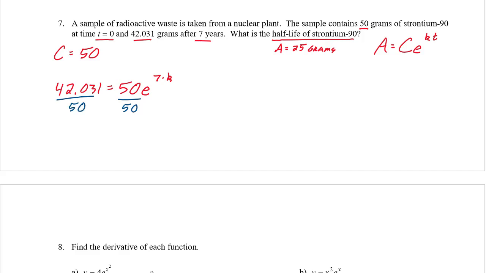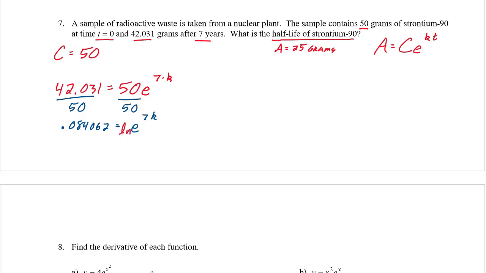So first thing would be to divide that 50 over, which comes out as approximately 0.084062. I'm going to go ahead and just try and keep as many decimals as possible, just to try and maintain that accuracy.